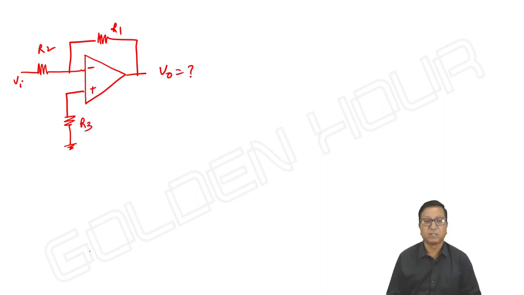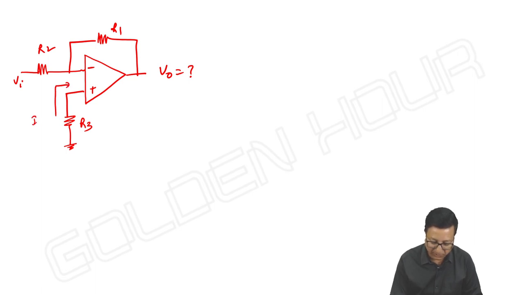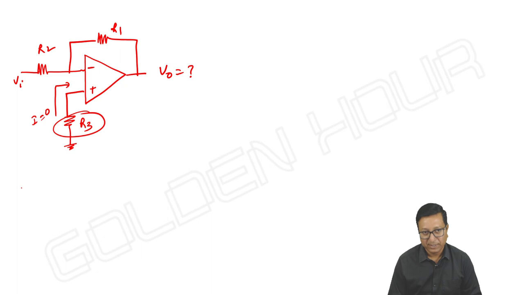Next. What is V output? See, is there any current that is possible into the non-inverting terminal of the op amp? It is simply 0. Means the voltage across R3 will be 0. Means this voltage and this voltage are one and the same. There is nothing to worry about the resistor R3.